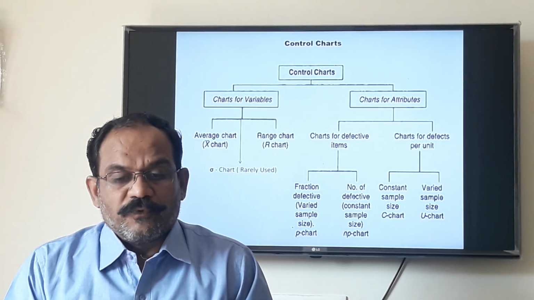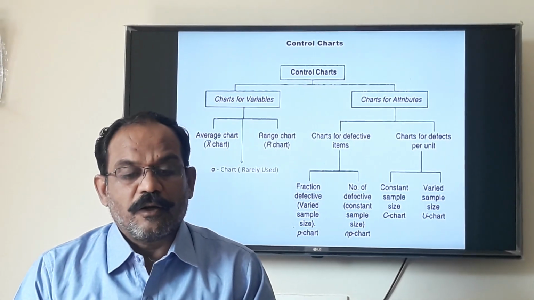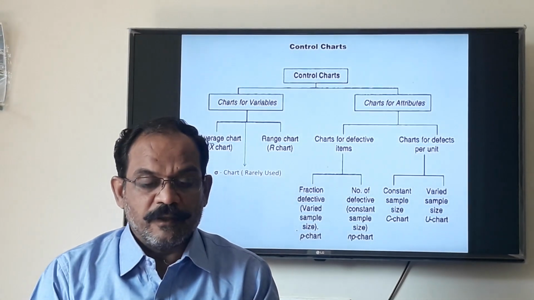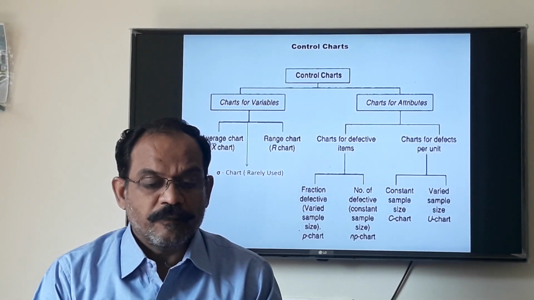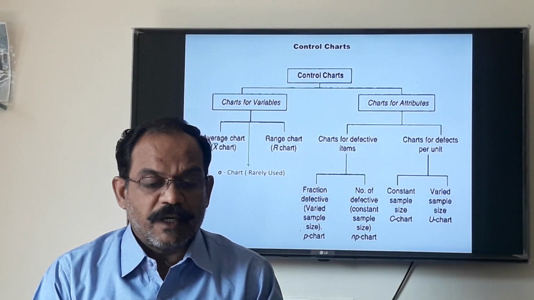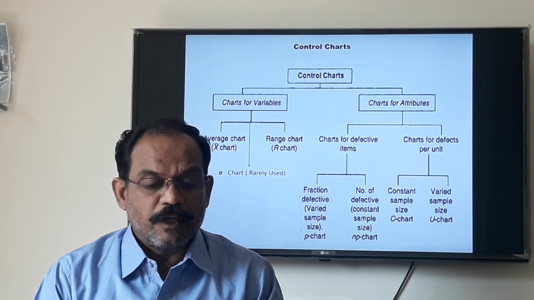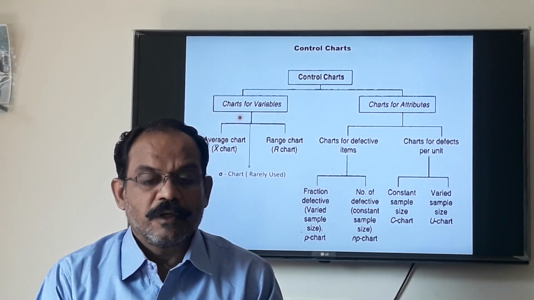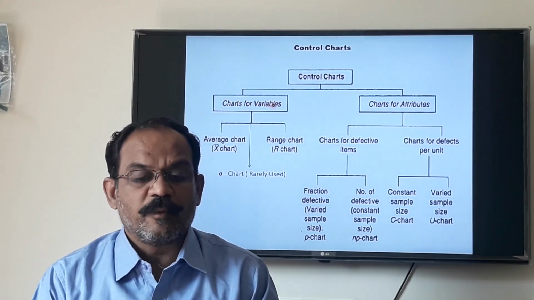They will show the exact position. So now in front of you, you can observe the two types of data we have collected: variable data and attribute data. So these are charts for variable data.